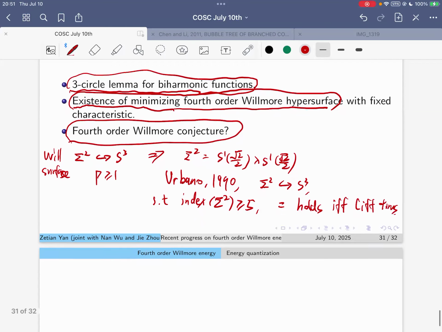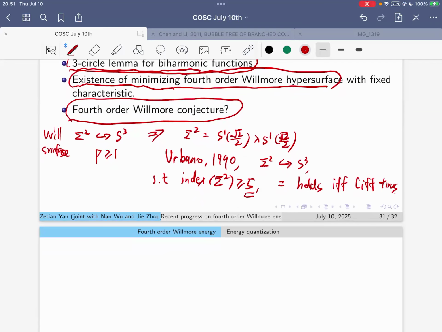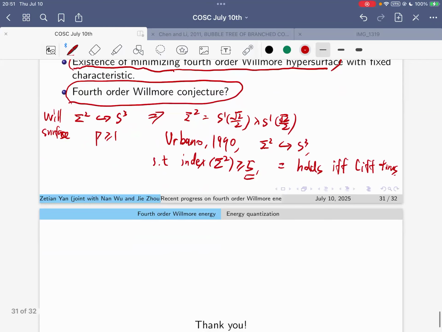Here, the number 5 follows from the following observation. We can consider S3 as a unit sphere in R4, and R4 provides 4 coordinate functions. Because of these 4 coordinate functions, there are non-trivial conformal vector fields on S3.